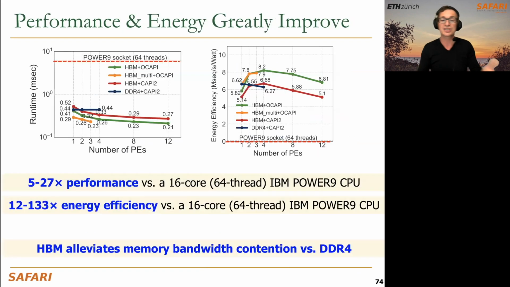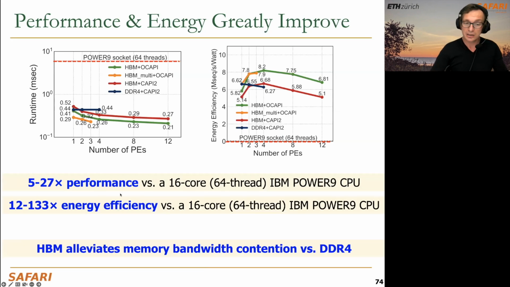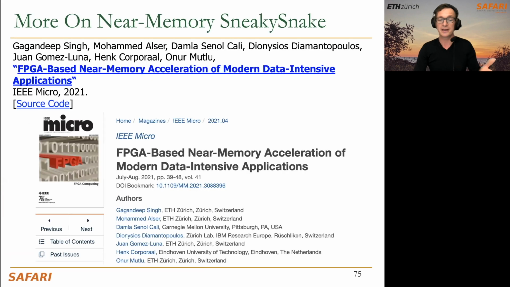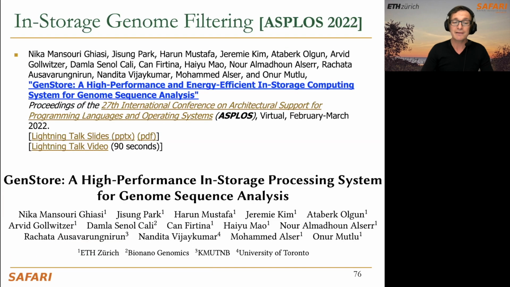This is a paper that describes both performance and energy efficiency improvements using real systems, real FPGAs, when we implement the Sneaky Snake algorithm that I mentioned earlier on FPGAs. You can read more about that. I will briefly talk about storage because as genomic data explodes and explodes and explodes, it doesn't fit in memory structures. You need to really fit it in storage systems.